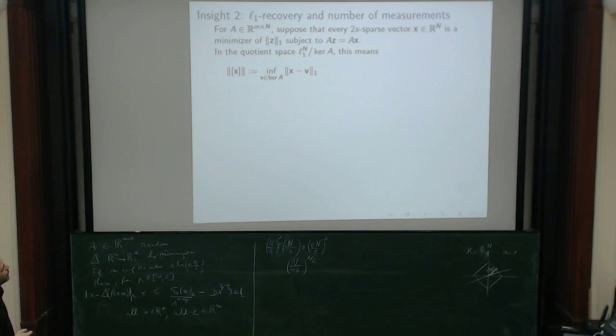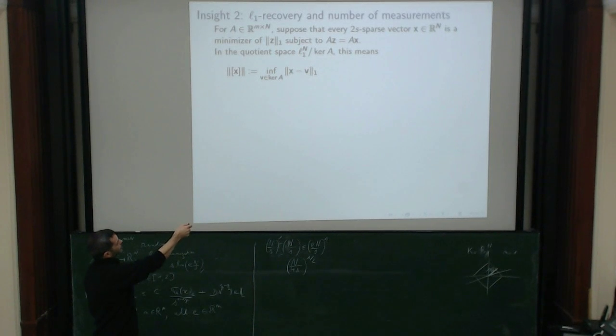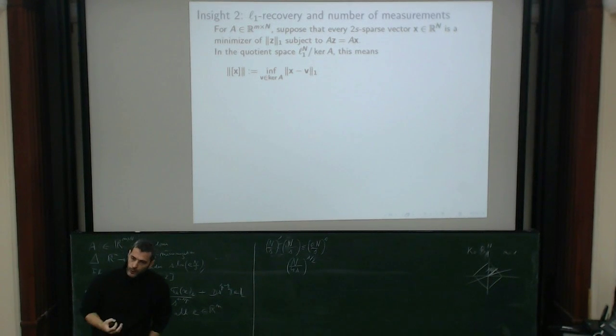Now, we will look at the quotient space, L1 quotiented by the null space of A. What you have to just accept is that it's a vector space, and that the norm on it is the infimum over V in the null space of A of the norm of X minus V. So what is this minimum?